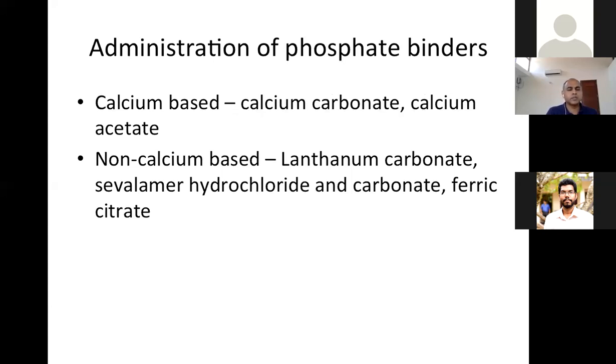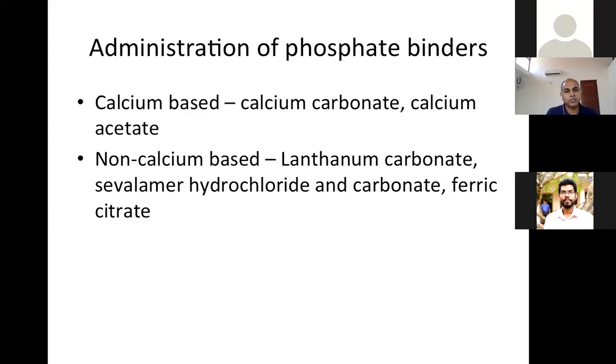Most of the time, dietary phosphate restriction alone is not enough to control the phosphate level in the blood, and you will need phosphate binders. The mechanism of action of phosphate binders is that the binder gets attached to the phosphate in the diet, and then prevents absorption into the blood.